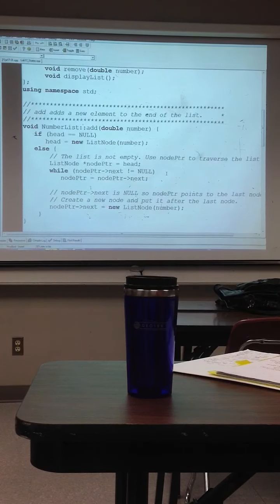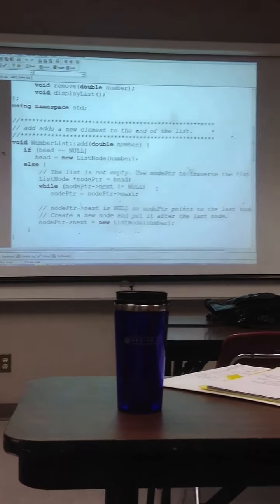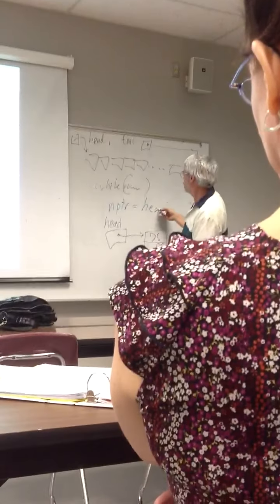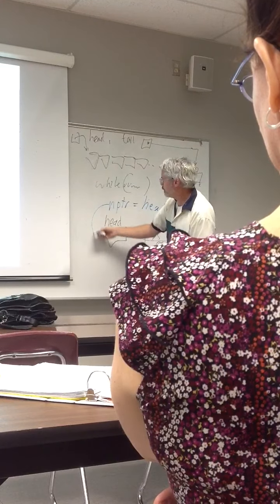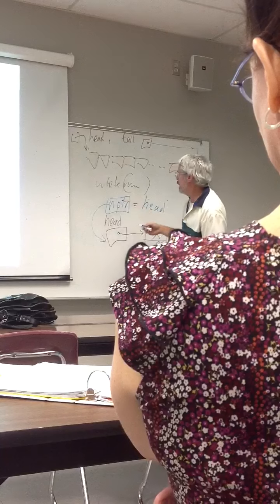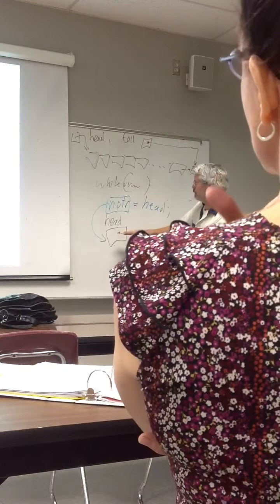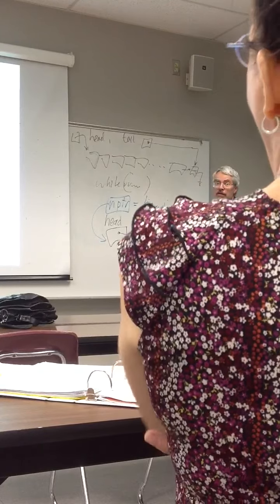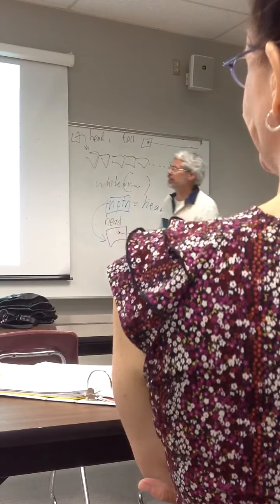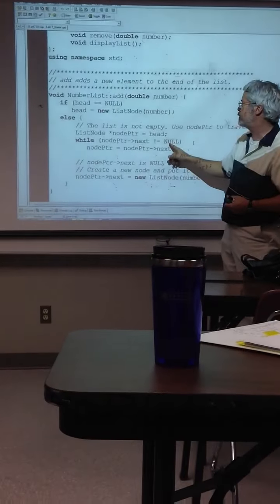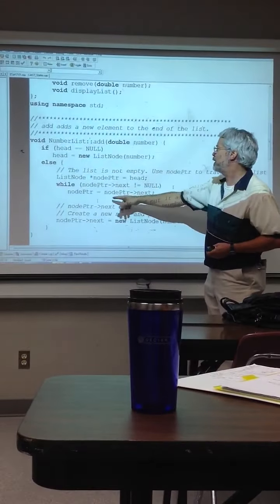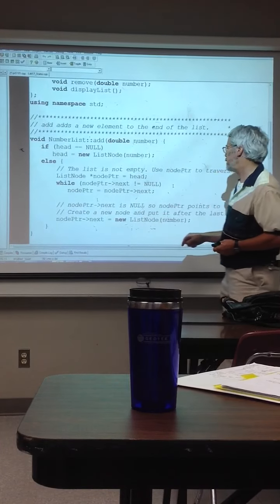So he sets the node pointer to head, which points to this, and then checks whether what the node pointer points to, and what its next points to, is 0. Follow the node pointer down to the next, and follow that down to see if it's null. If it's not null, keep going until you get to the very end.